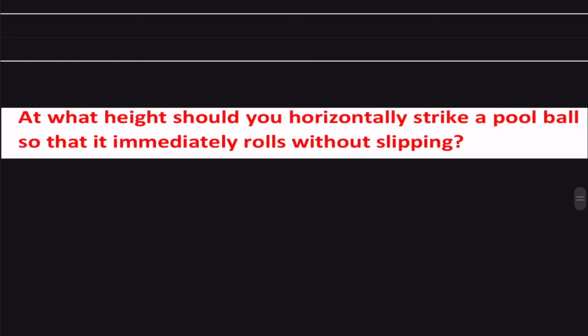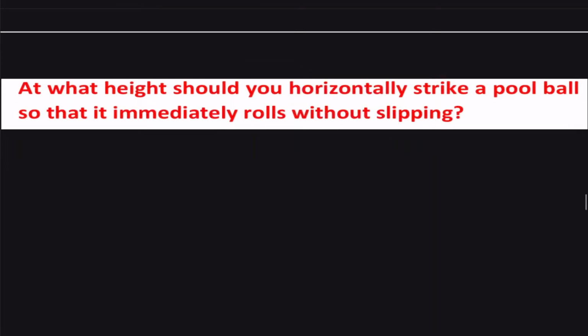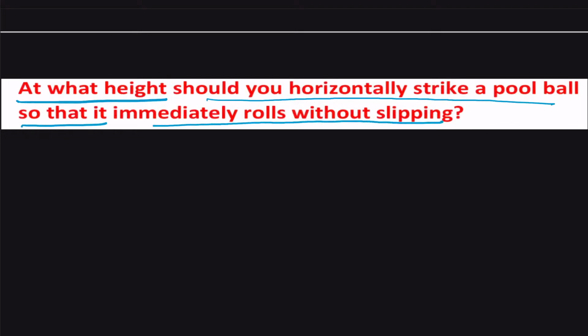This is comparatively easy, and it states that at what height should you horizontally strike a pool ball so that it immediately rolls without slipping. So in this case, it is based directly on the formula for our rolling without slipping.